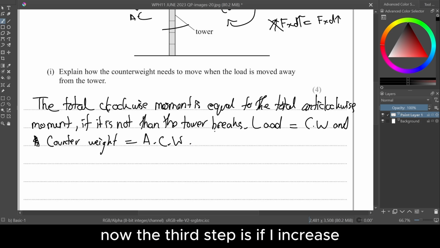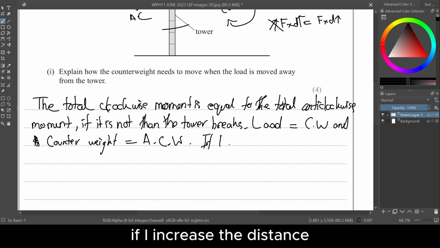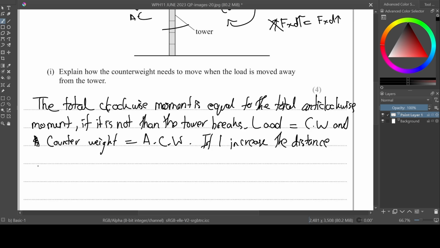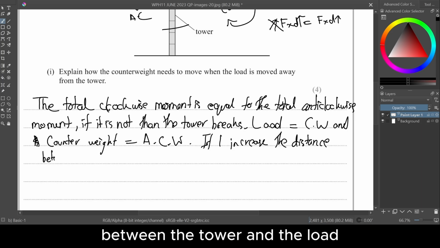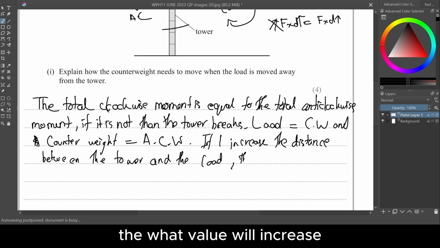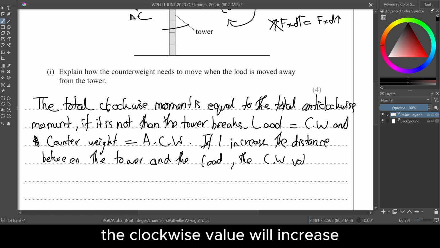Now the third step is if I increase the distance between the tower and the load, what value will increase? The clockwise value will increase.